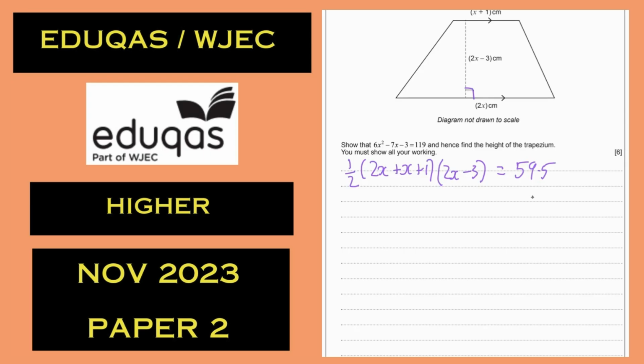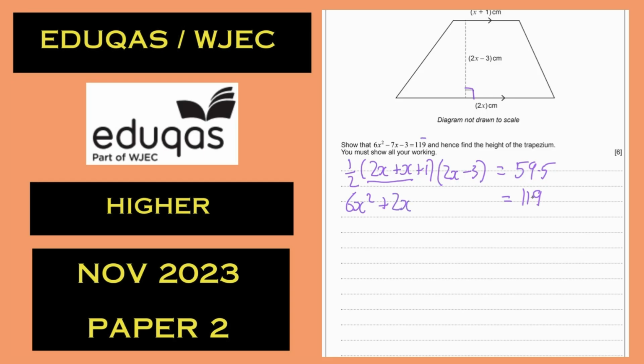On we track. Get rid of the half by doubling both sides. You'll never guess what 59.5 doubled is. And now we can expand these brackets. The half's gone. We have 3x times 2x. We have 1 times 2x.